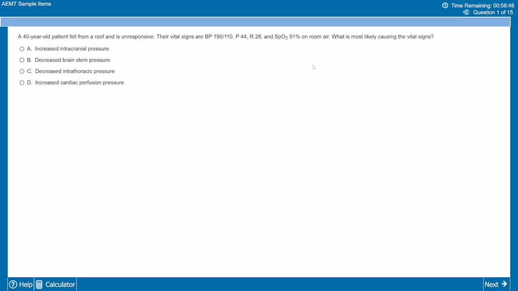Before anything, we need to ask ourselves, what is wrong with the patient's vital signs? Now, if you don't know your baseline vitals, you do not deserve to pass the National Registry. You have to be honest with yourself. I would encourage you to pause the video and write down what you think the baseline vitals are for everything: your blood pressure, heart rate, respiratory rate, SpO2, temperature, finger stick blood sugar, and even your ETCO2 levels.